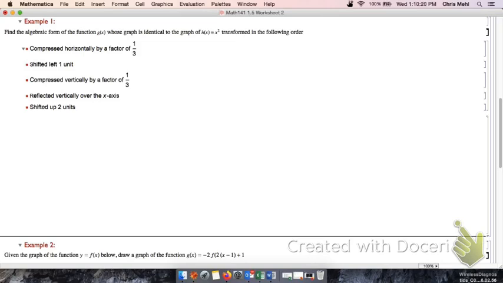Now the first thing that we're going to do, I'll write this down on the bottom. The function g of x is a transformation of h. So I'm going to do c times h, and then in the parentheses it's a times x minus b, plus d. I'm just writing down the framework here.